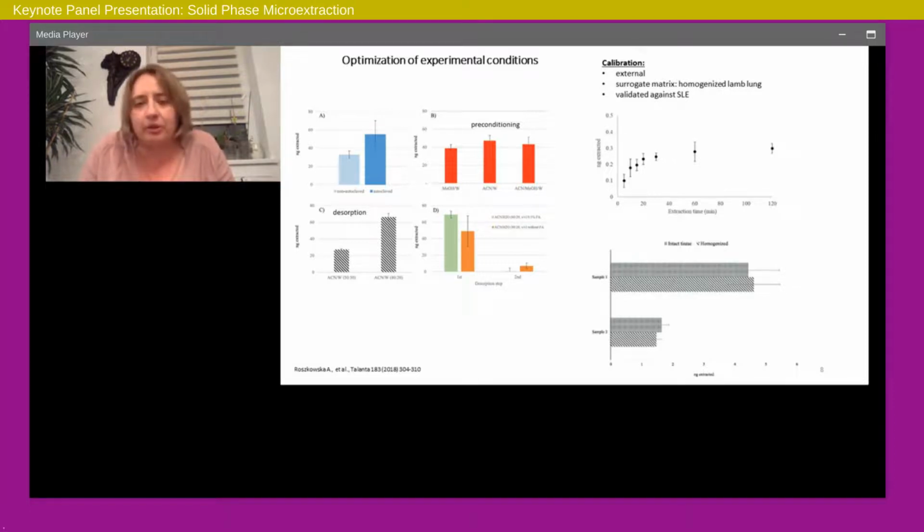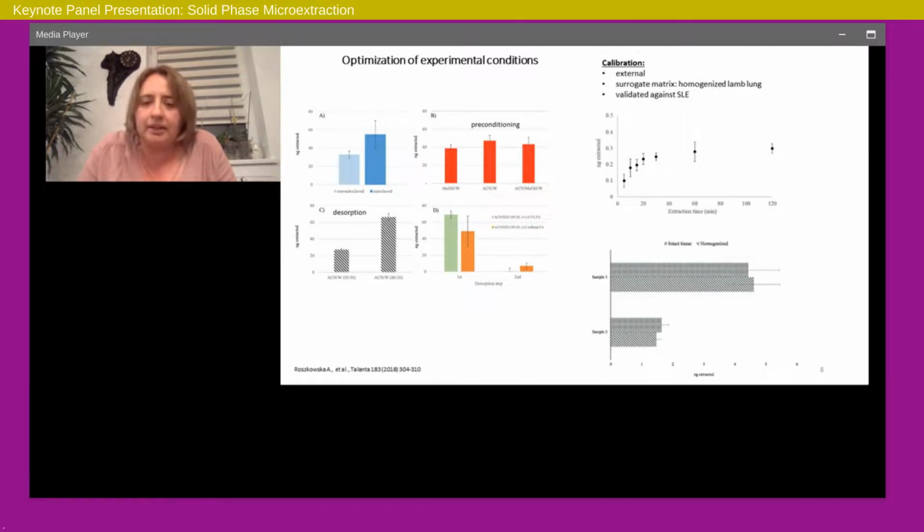So as I mentioned, we will not go into details, but here I just mentioned we were using external calibration. So as a surrogate matrix, we were using LAMP-LANG, and we homogenized this matrix. And basically, we were spiking at different concentrations of the doxorubicin, and we were extracting exactly using the same extraction time.